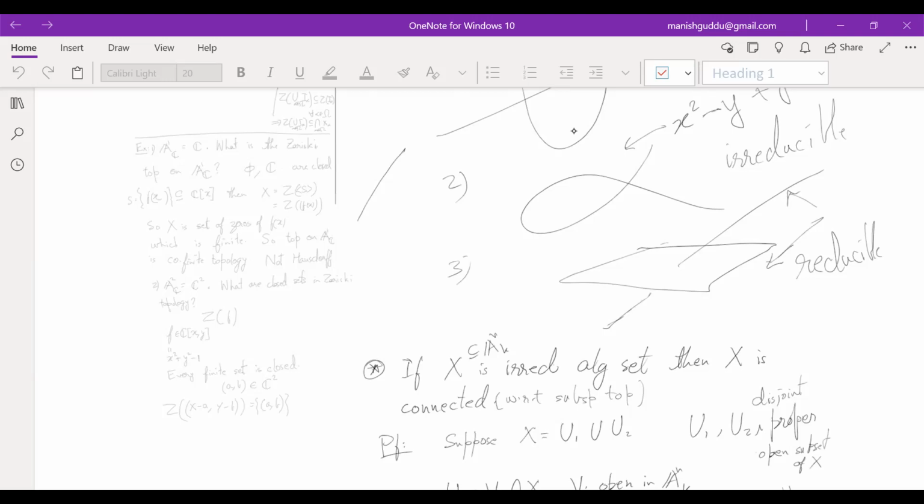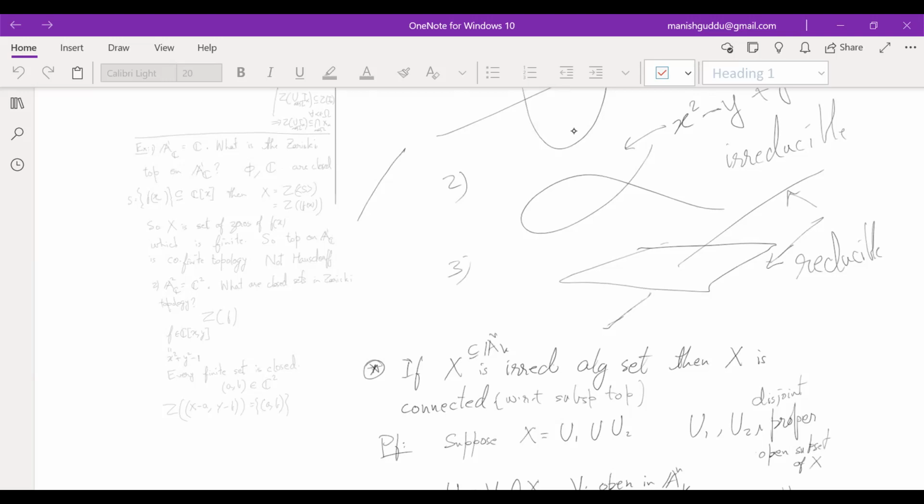There is a good reason for it. Instead of looking at points, you can look at what is called the M-spec, the spectrum of maximal ideals, and there of course it becomes connected.